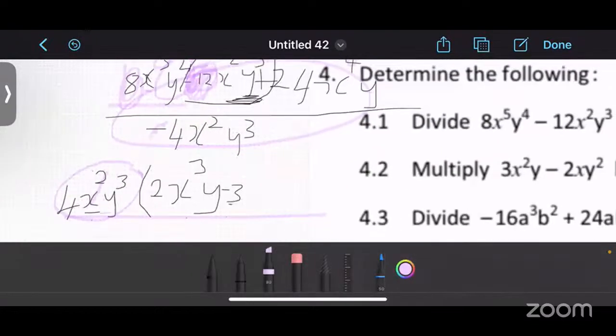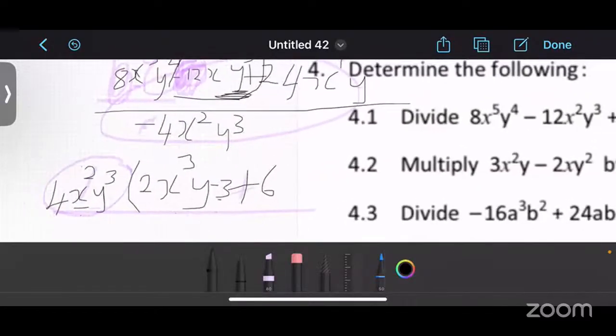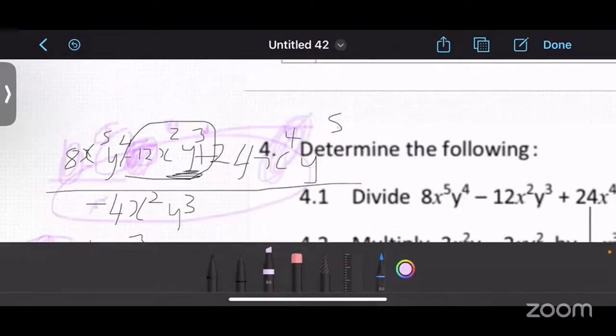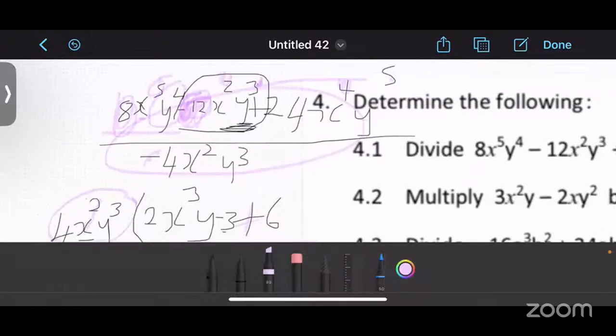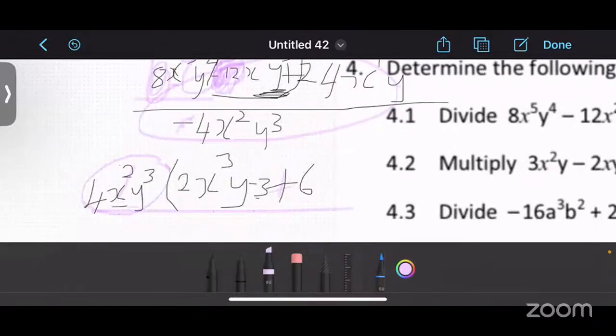Plus 6. Everybody, are you following? Right? And then what can I multiply x squared with for me to get x to the power of 4?